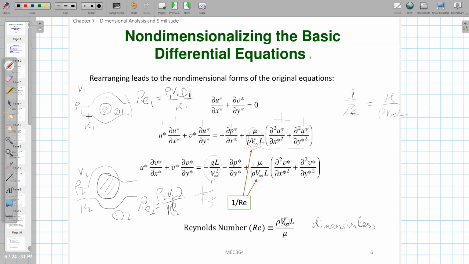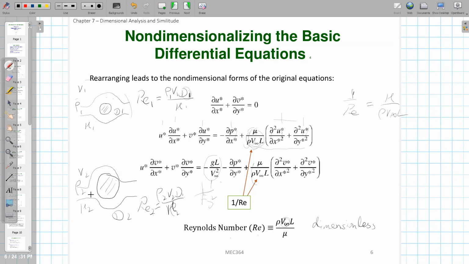In the experiment, I already measured the first one, and I didn't measure the second yet, but I know that the Reynolds number 2 and Reynolds number 1 are the same. Maybe the individual values of rho, v, d, mu are not the same, but their combination is the same. In other words, the Reynolds numbers are the same.